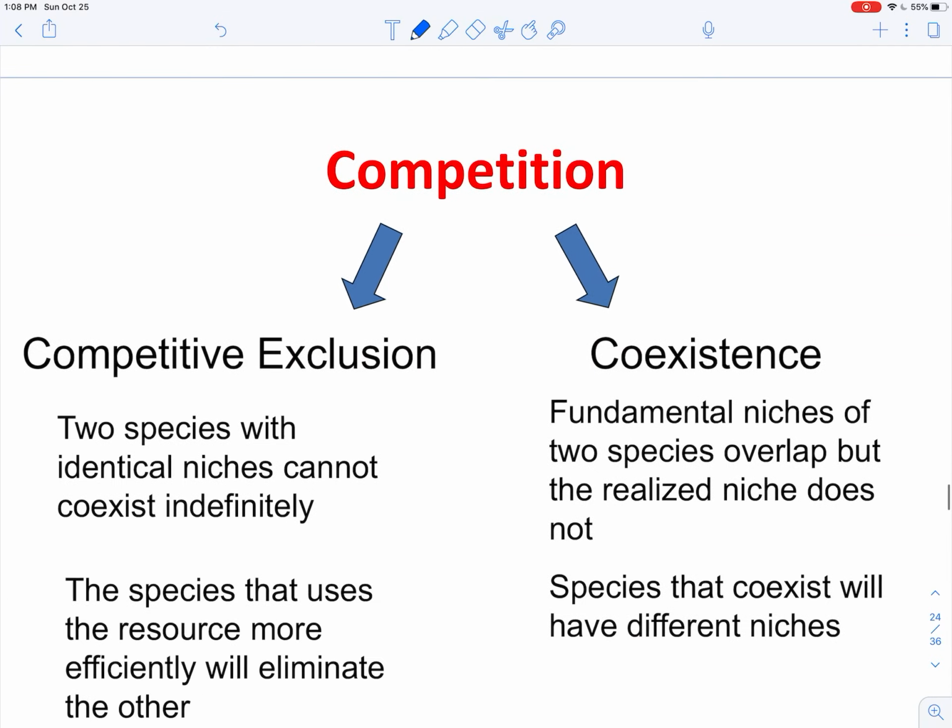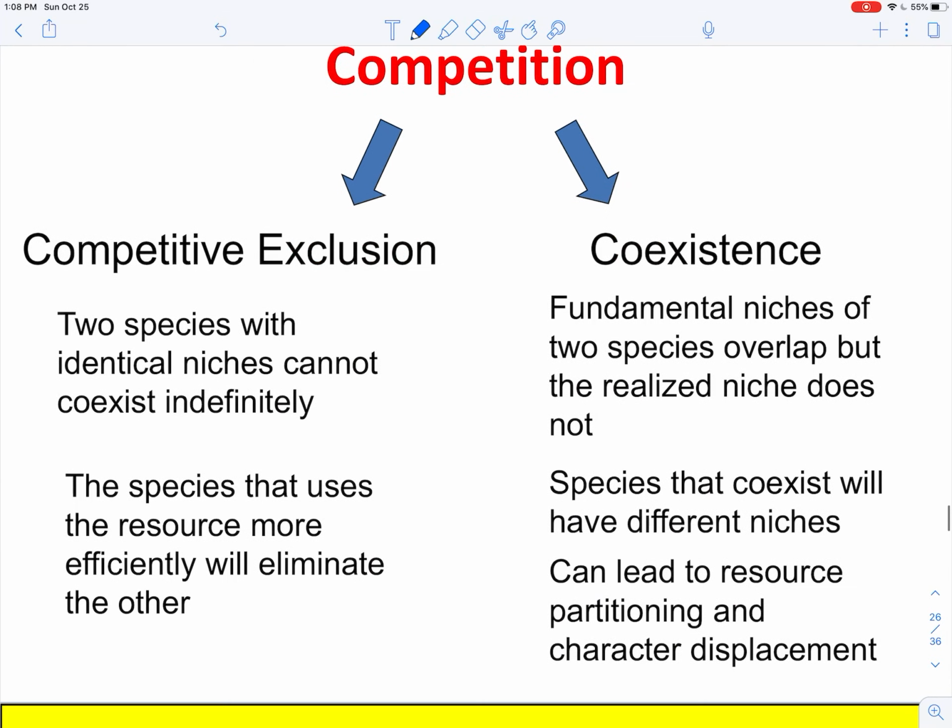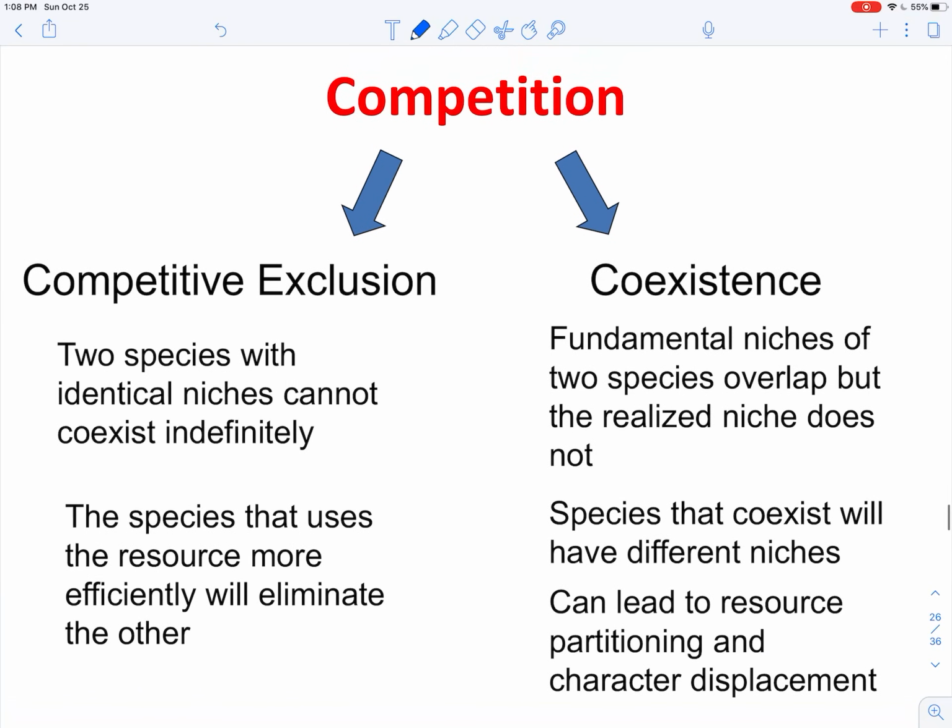So ultimately, competition is going to lead to two different consequences, or two different ways of that competitive interaction occurring in nature. So first is competitive exclusion.